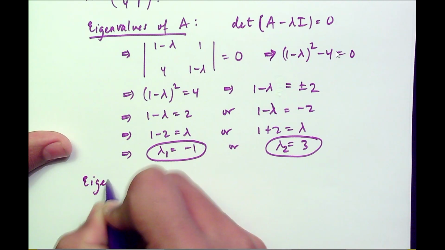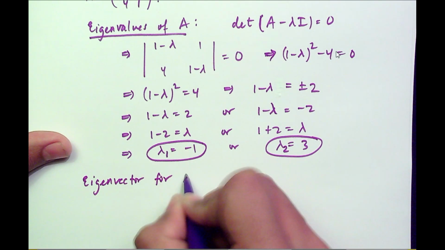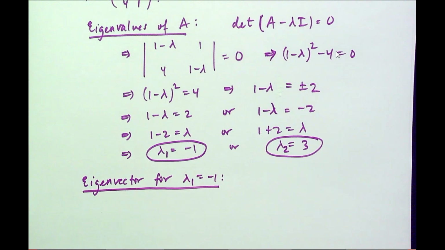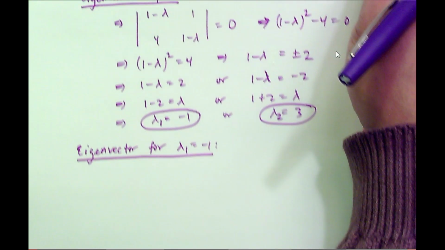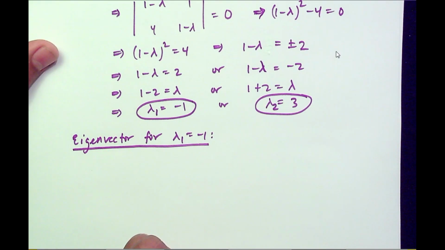So the eigenvector for, let's say, lambda 1 equals negative 1. Once we find these eigenvectors, we're done. We can immediately write down the general solution. So now let's find the eigenvector for negative 1.